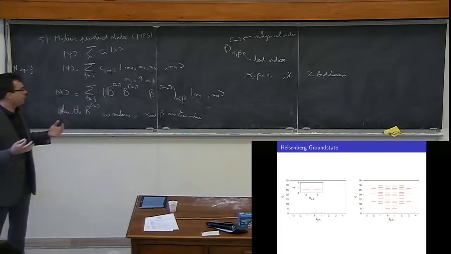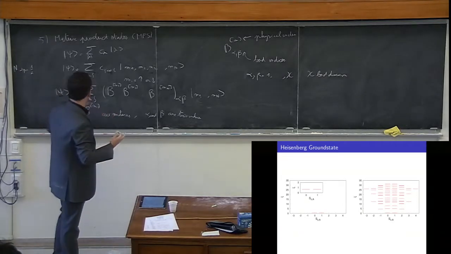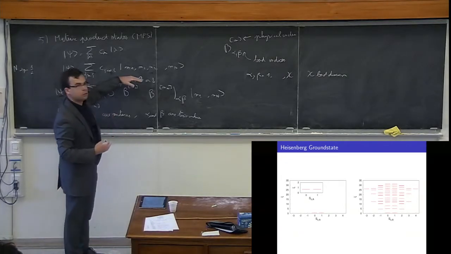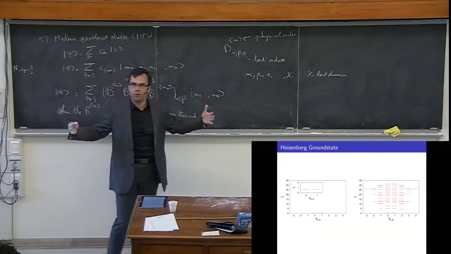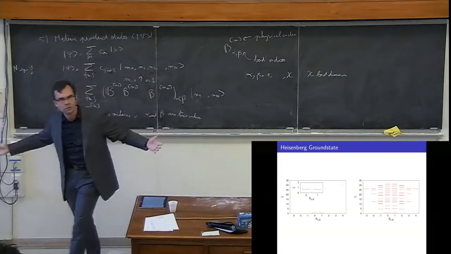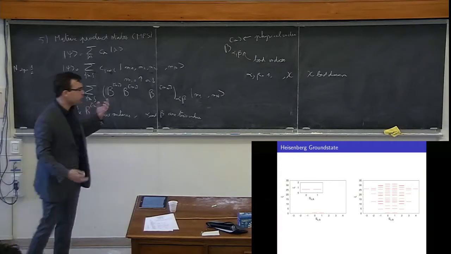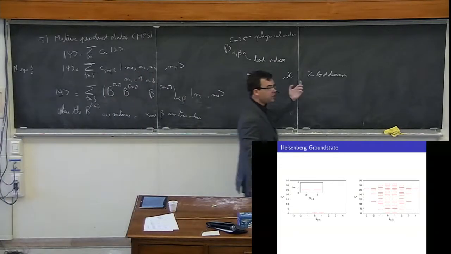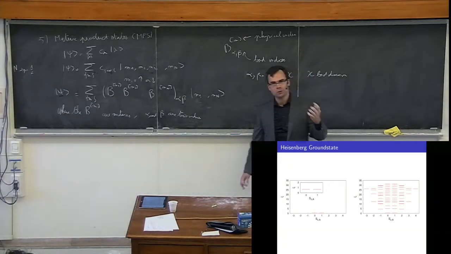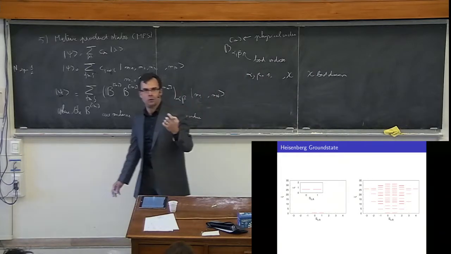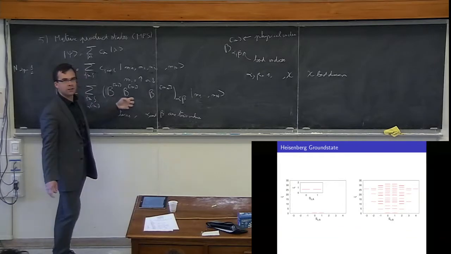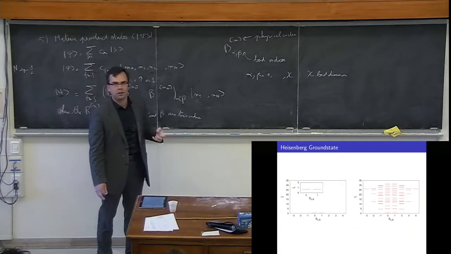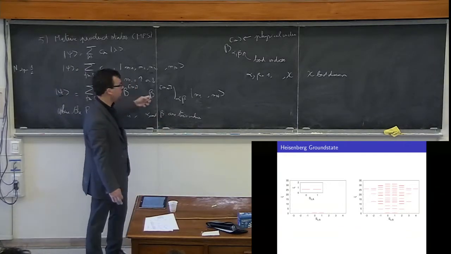Of course, the game here is that you have your Hilbert space dimension, which grows exponentially with the number of spins, or the number of sites. What I would like to do is to get the bond dimension to be much lower than the dimension of the Hilbert space. I also would like to use exactly the same matrix for any site that I look at.